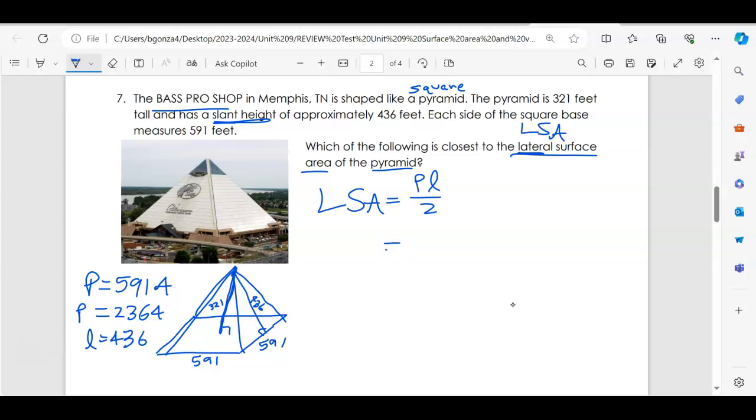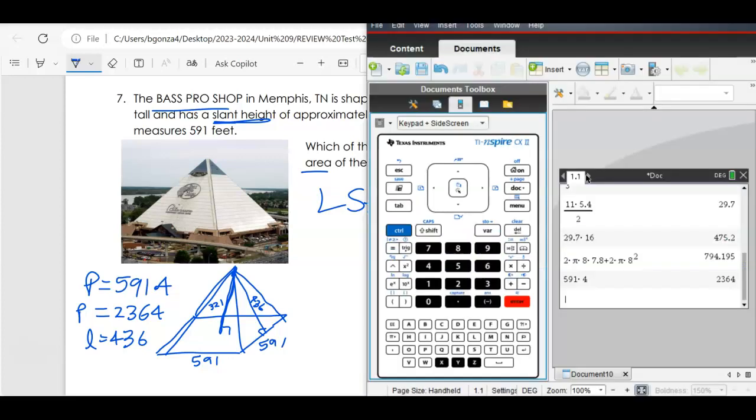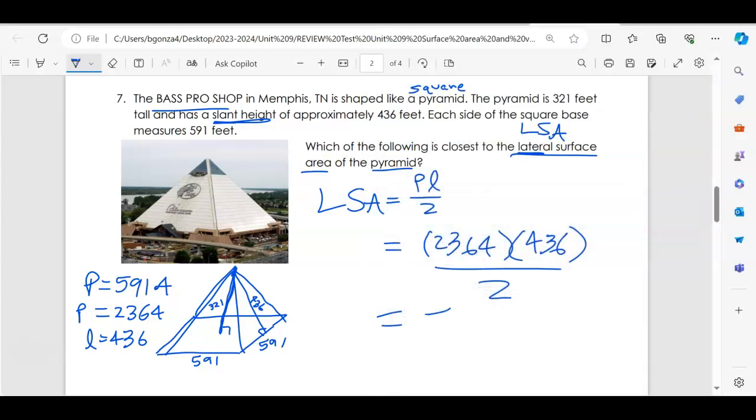So now we can just do the formula, right? So we got P, 2,364 times L 436 divided by 2. This is literally going to be 515,352.